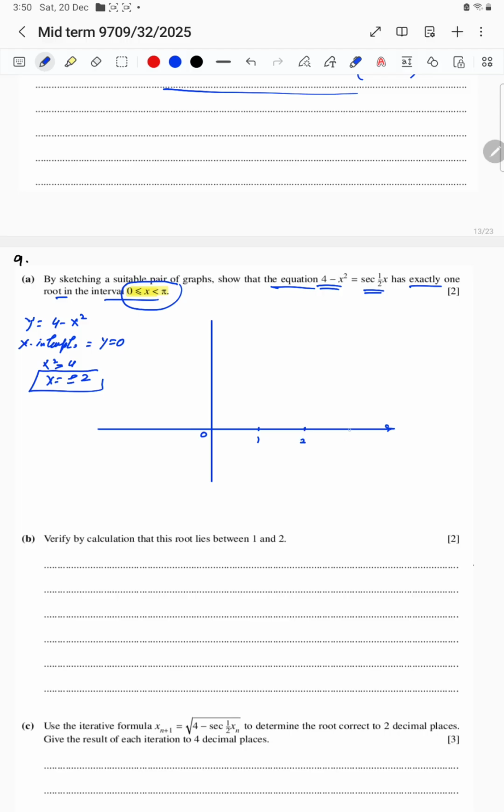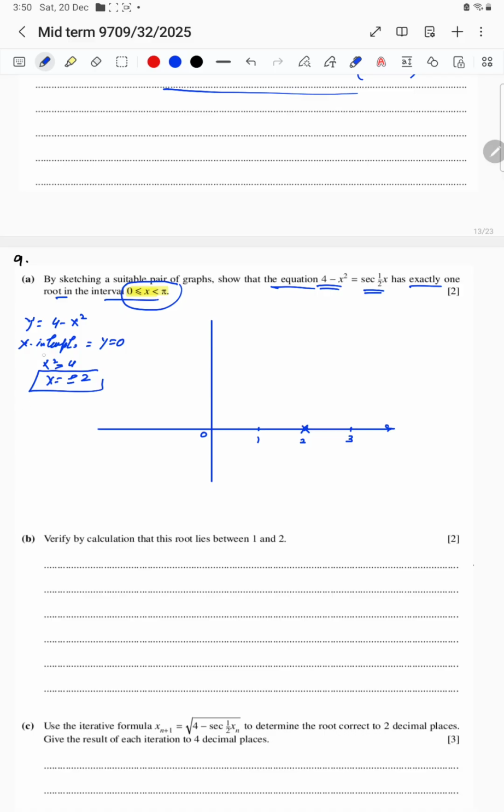2, 3. So for this case, as x square is negative, we have to plot a sad face. So y is 0, then x is 2, it will cross from here, right?